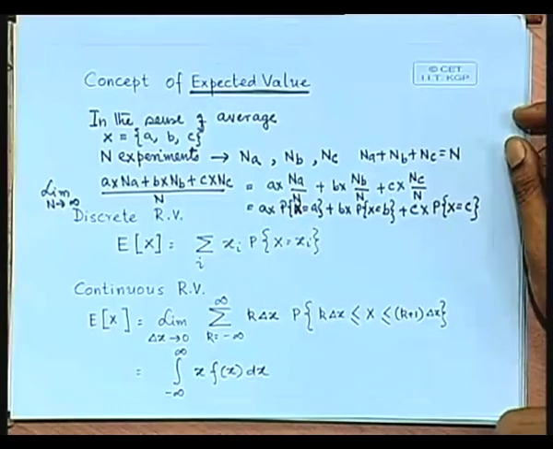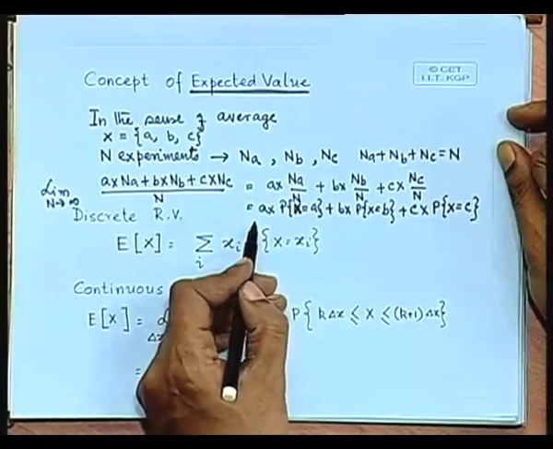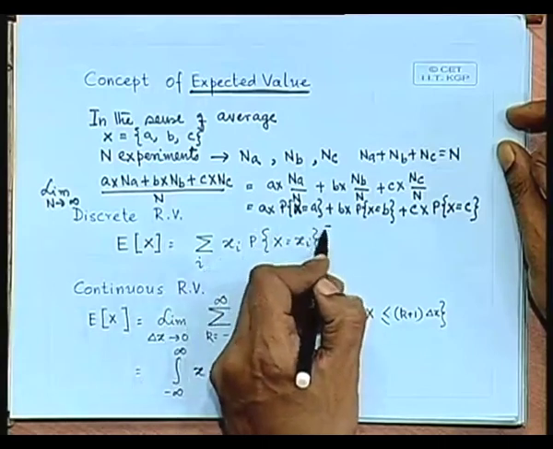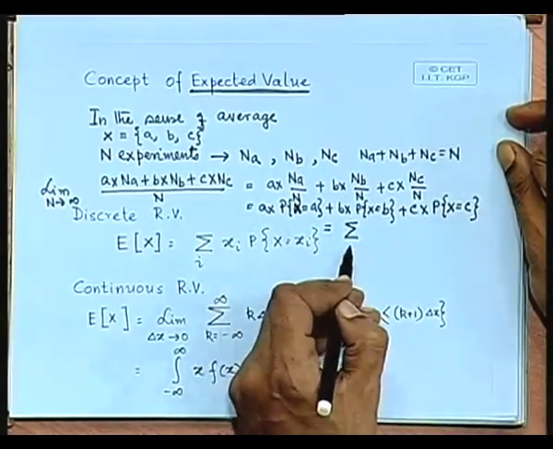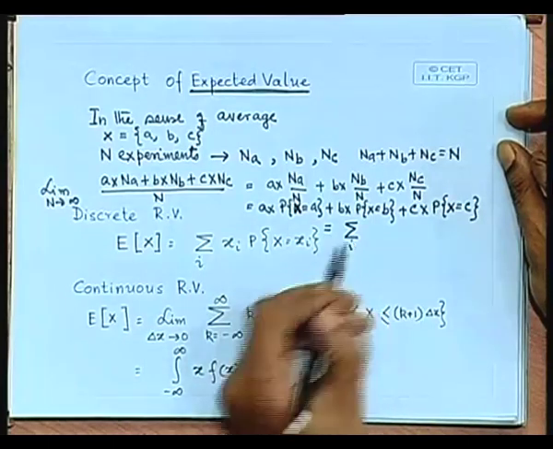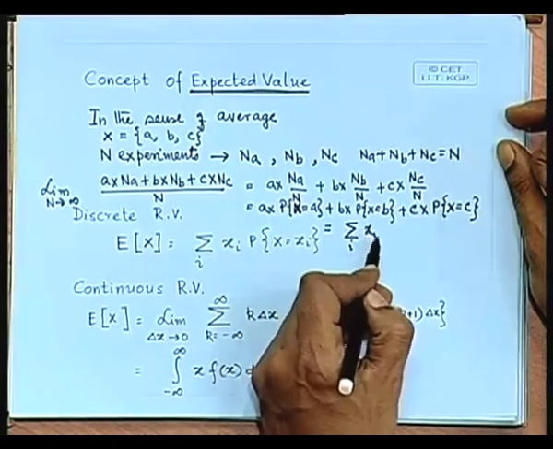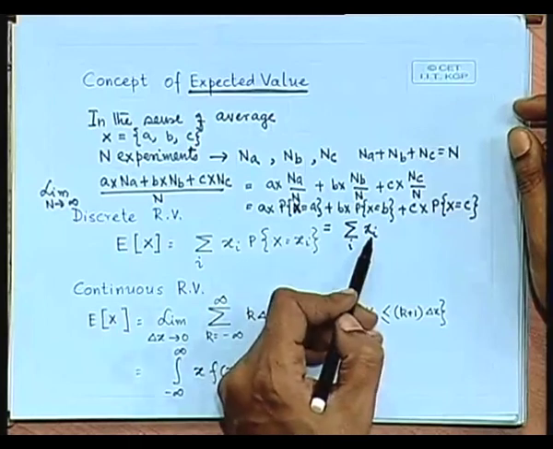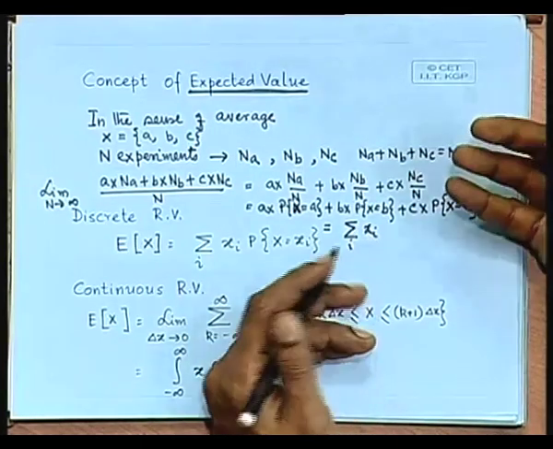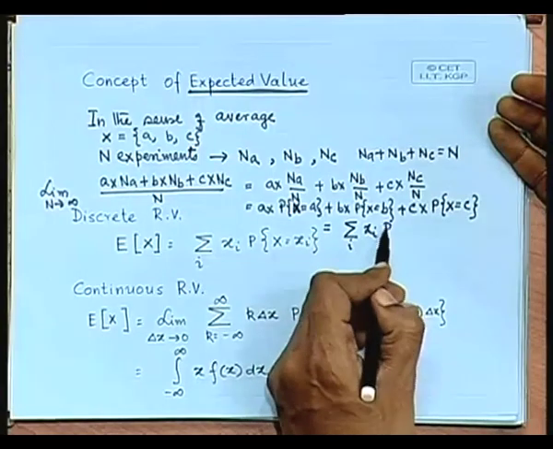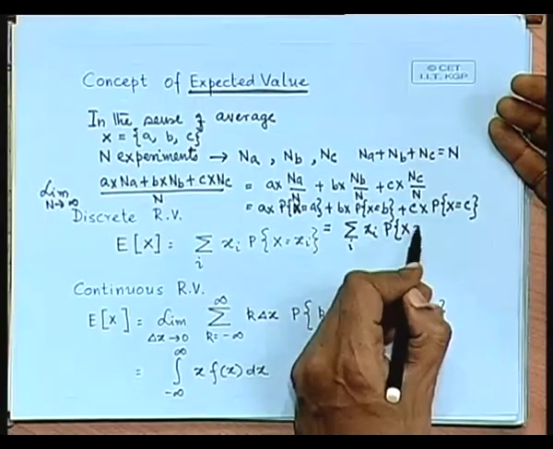So the average is the sum over all i of x_i times the probability that x is equal to x_i. Now we are saying that x takes values over an index set I. For example, x_1 is a, x_2 is b, and x_3 is c.